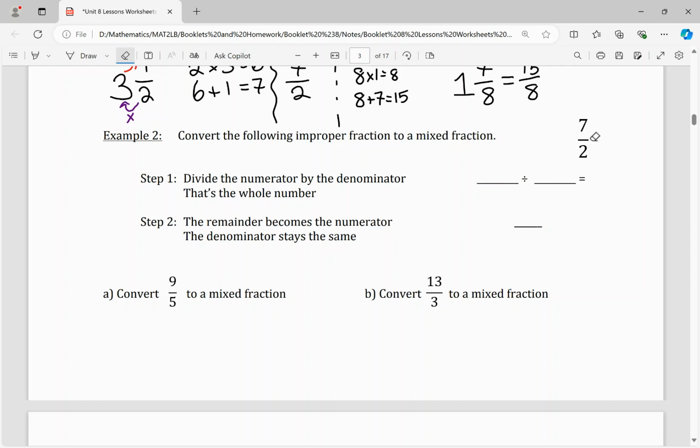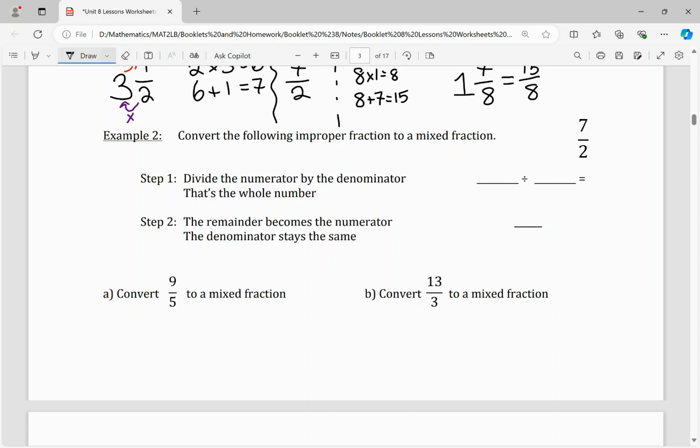So 7 divided by 2, you can use a calculator or you can use your head, but 2 goes into 7 3 times, right? 2, 4, 6. So the answer that we're looking for is 3, but let's practice what that would look like using a calculator.